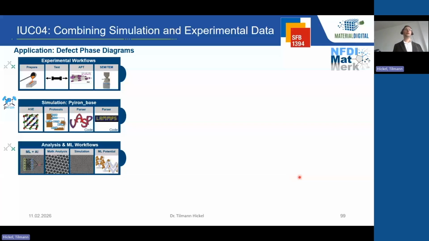So we have, on the one hand, experimental data. Transmission electron microscopy gives you very nice results on how grain boundaries are decorated by other elements. You have the simulated data. So I come back to this segregation of elements to grain boundaries, which we can calculate with density functional theory. And then you have perhaps further analysis steps.